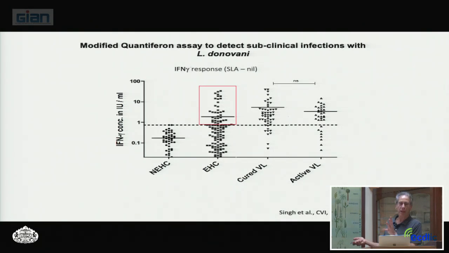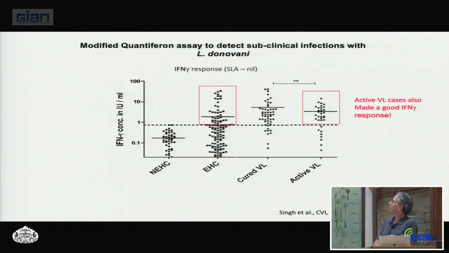Using this whole blood assay, in which you don't manipulate the cells, you don't spin them through a Ficoll gradient and put the leukocytes in a tube, you just throw in antigen, and they secreted interferon gamma. So they had disease, but they still had lymphocytes that made interferon gamma. That was a surprise.